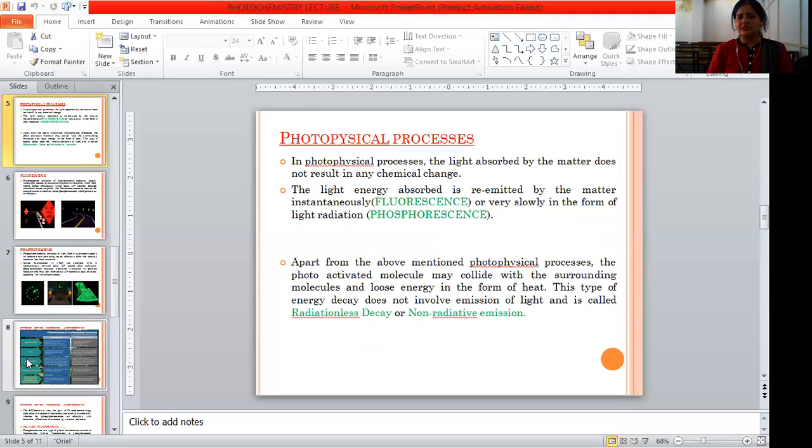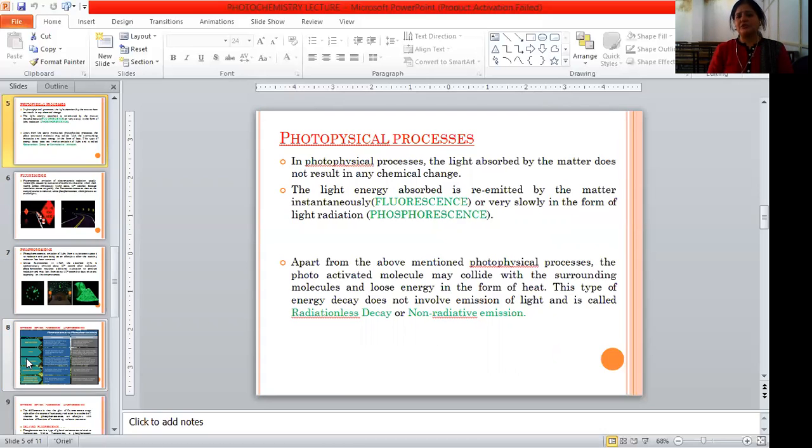In fluorescence, the molecule after absorbing the light energy goes to the excited state, and after coming back from the excited state, it starts emitting the light radiations instantaneously. If it emits light radiations instantaneously, this is known as fluorescence. But if it starts emitting radiation slowly, then the process is known as phosphorescence.